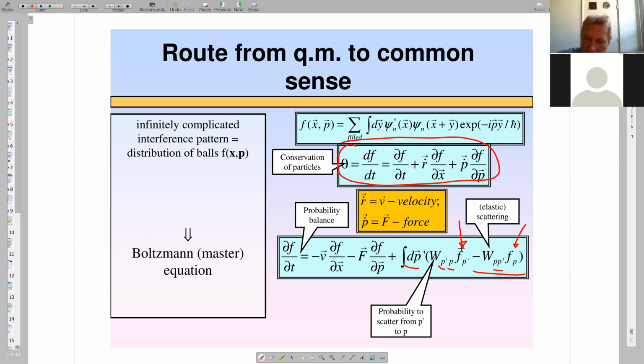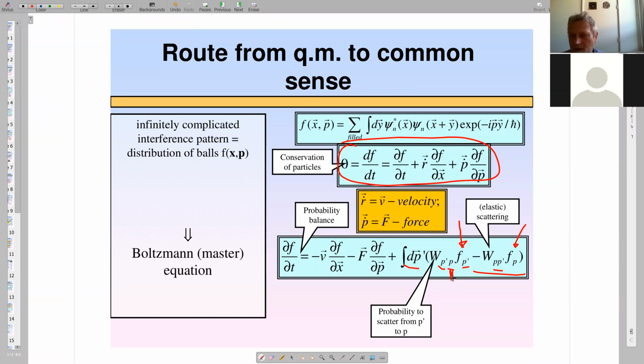Other states p' which are occupied can also scatter and go precisely to p. Right? So in this bookkeeping balance, there are always two terms.